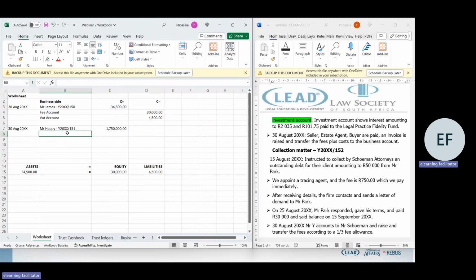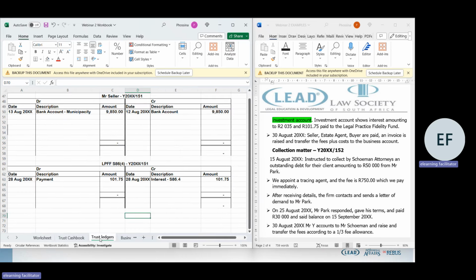And we're going to credit Mr. Seller. So this is for illustration, good for you. If you record these journal entries, then you can track the matters. How much? 1,750. So we then record this in our trust ledgers before we can pay.